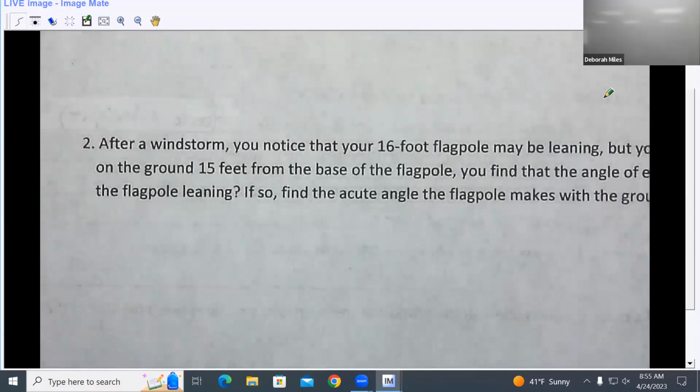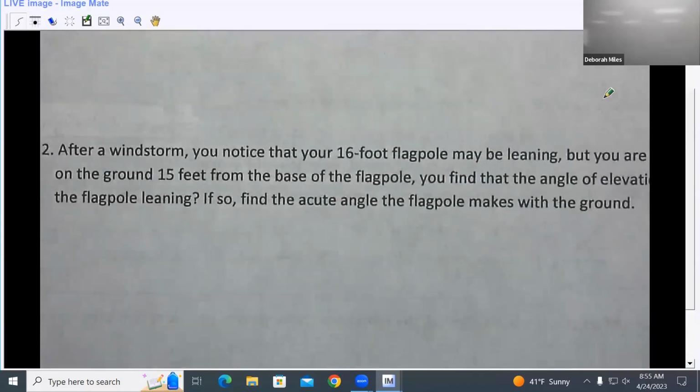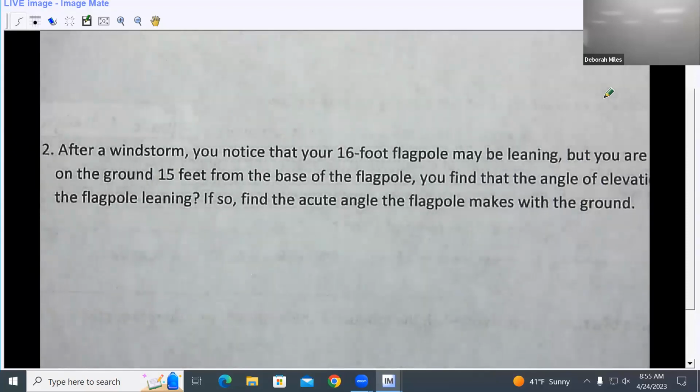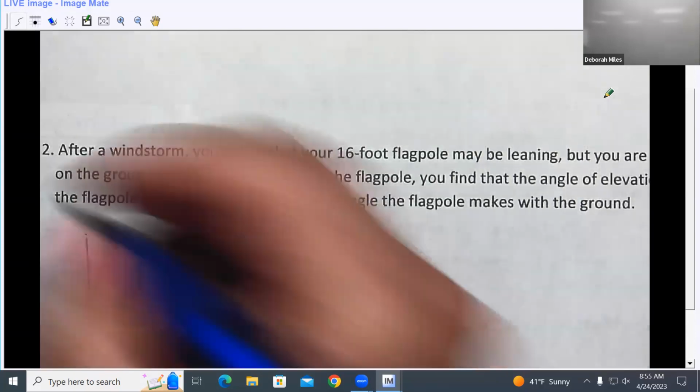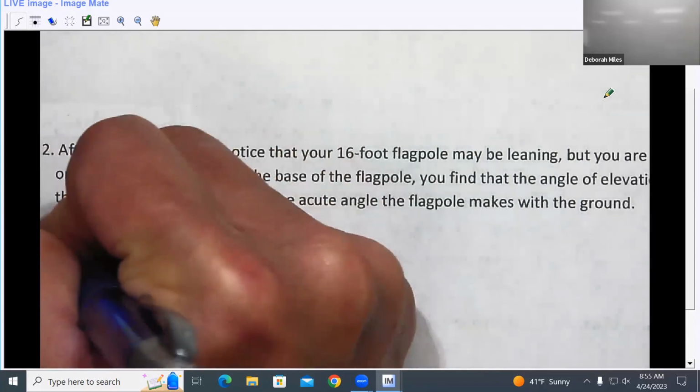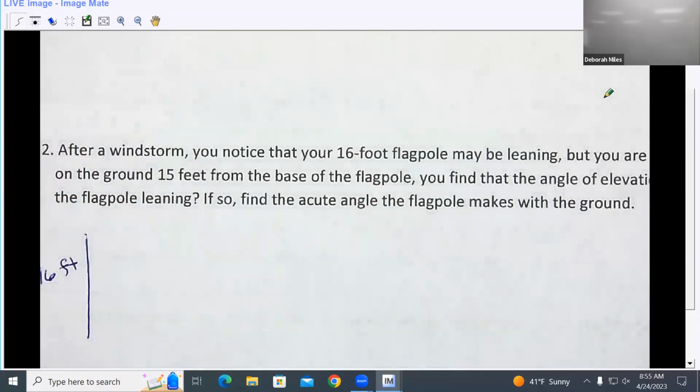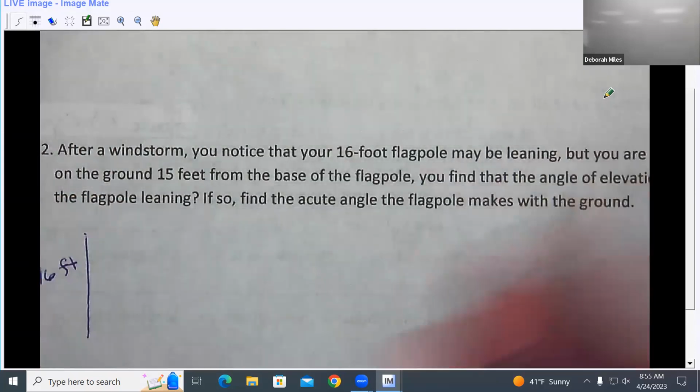Number 2, after a windstorm, you notice that your 16-foot flagpole may be leaning, but you're not sure. Here's the hard way to find out if your flagpole is leaning. Let's draw the flagpole first. It's 16 feet, and it may or may not be exactly perpendicular to the ground.